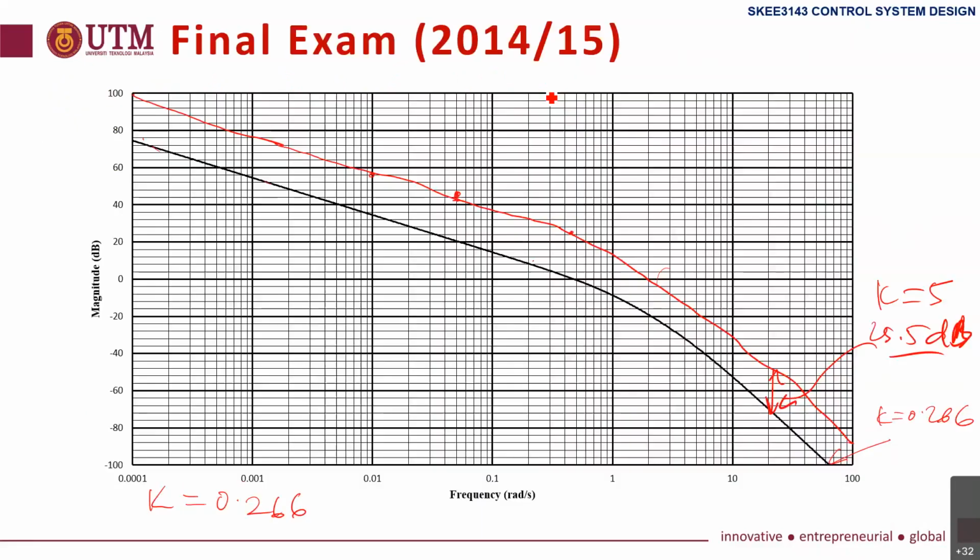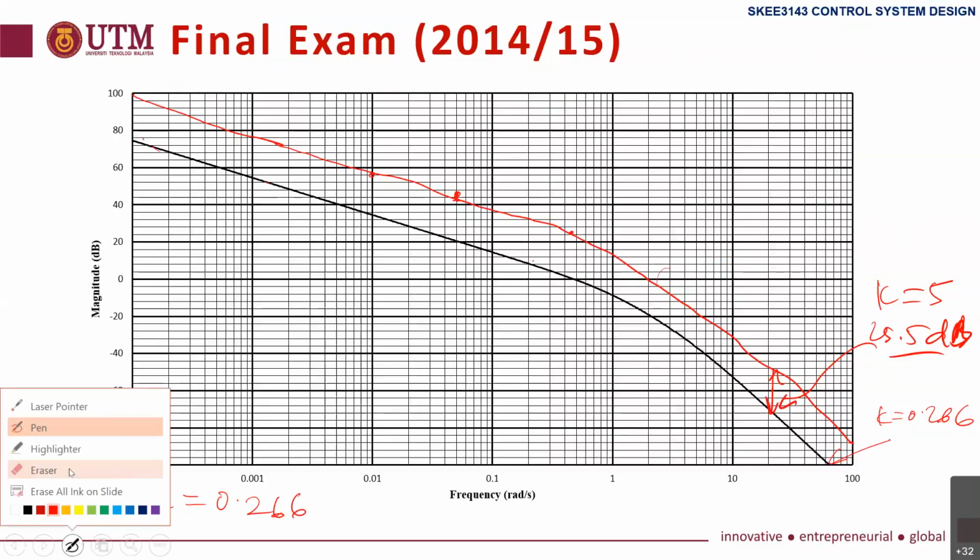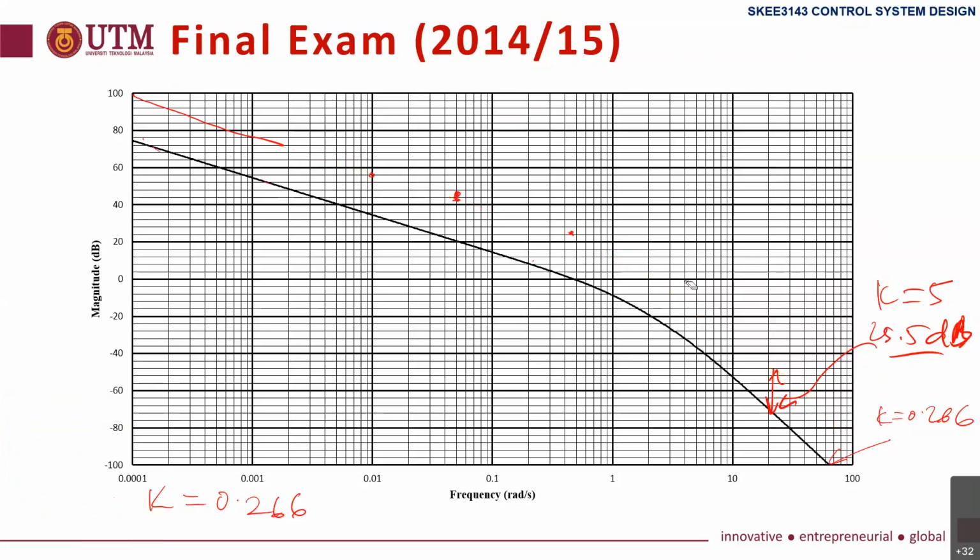From here, we can see that if this is correct, at 1, if you do it, you may get a different point here. Let me modify a little bit here.